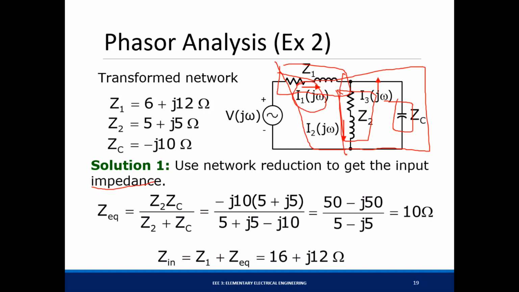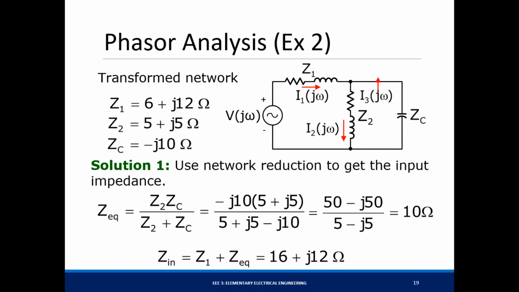So how to reduce the network? First, this branch here is parallel to this branch here. So let me clean that. There you go. This branch here is parallel to this branch. You can get the equivalent impedance. It's equal to 10 ohms. Okay? And the total impedance is just Z1 plus the impedance of this.